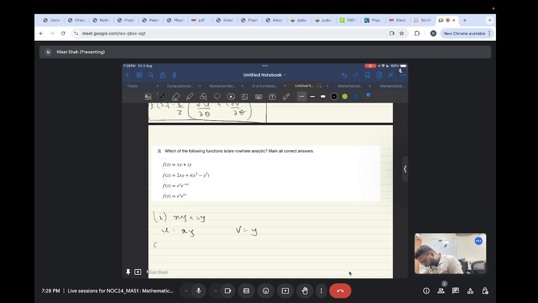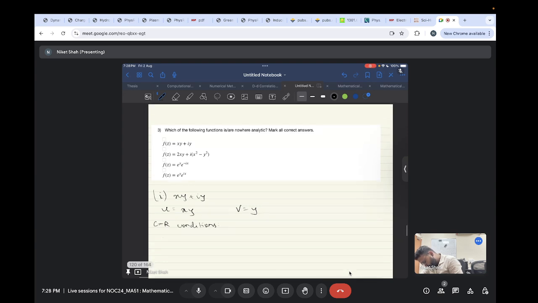So applying the CR conditions: del u by del x is equal to del v by del y, del u by del y is equal to minus del v by del x. These are the Cauchy-Riemann conditions.